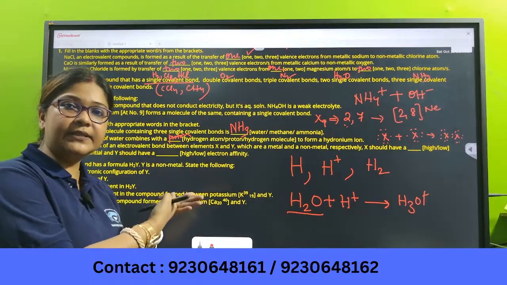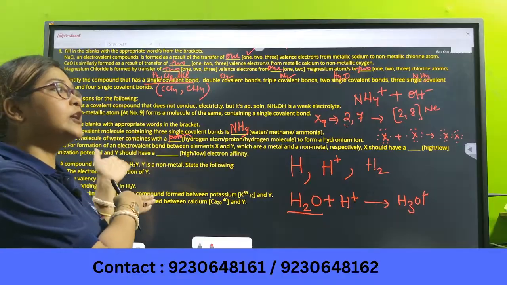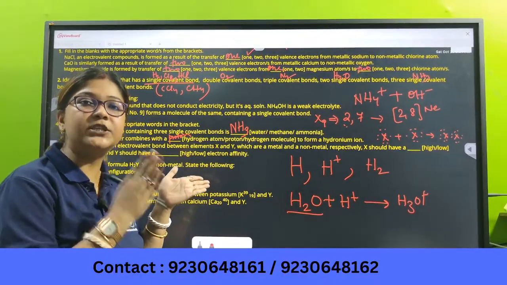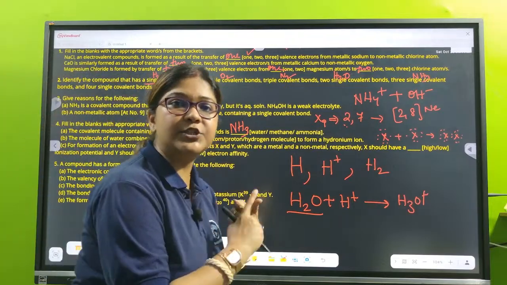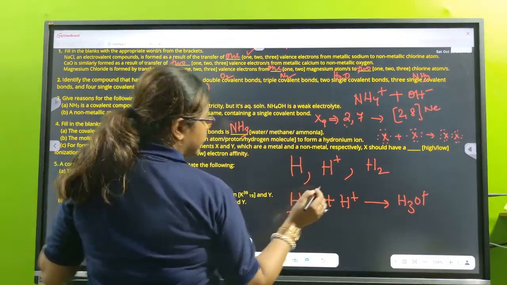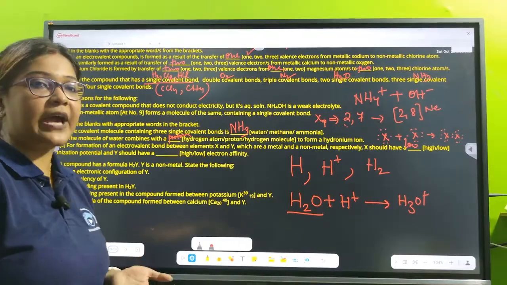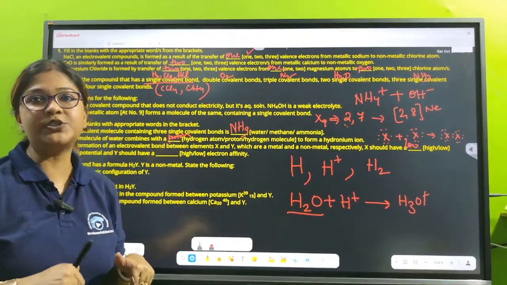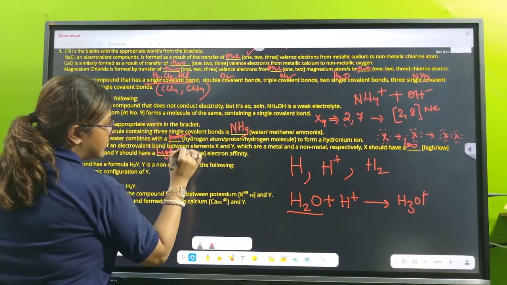If you remember at the beginning of the slides, I had discussed the conditions for forming an electrovalent compound. So X being a metal, it should have a low ionization potential. And Y being a non-metal, it should have a high electron affinity so that it can gain the electron.